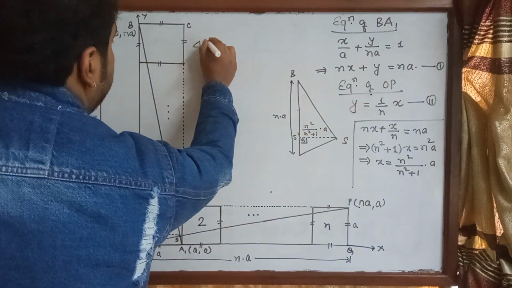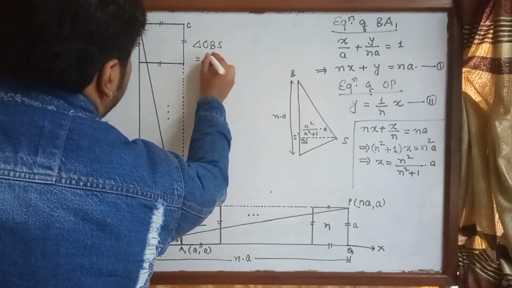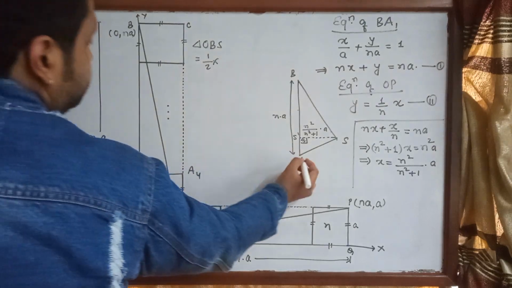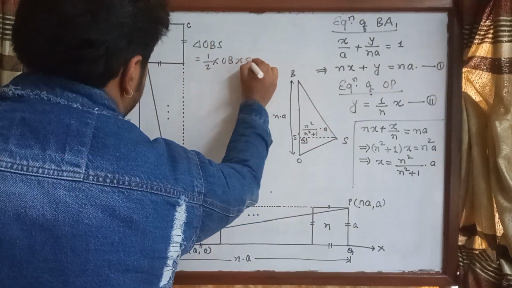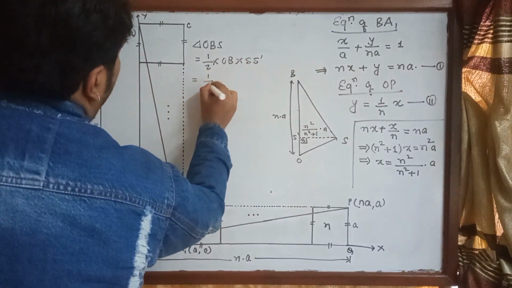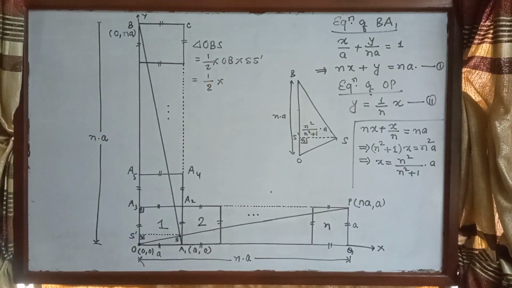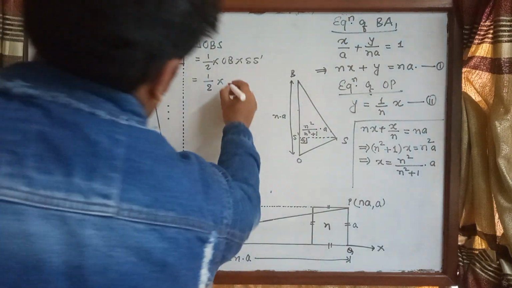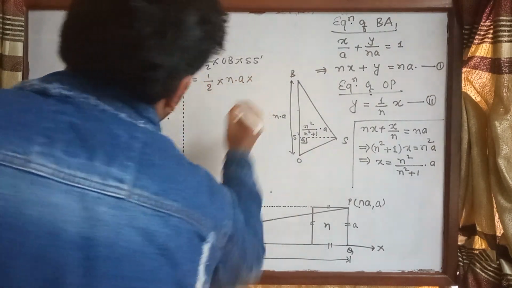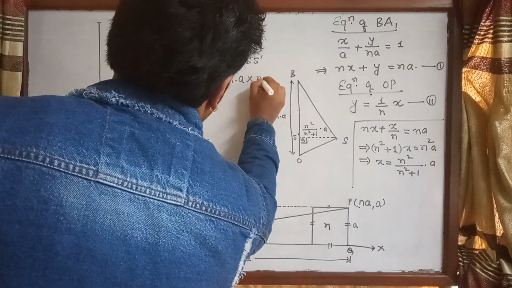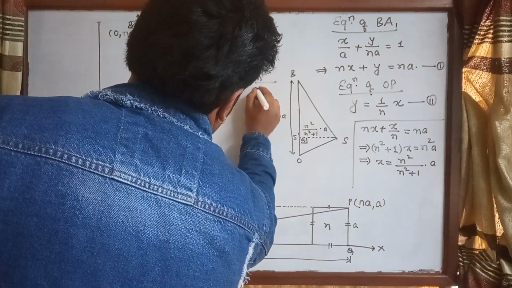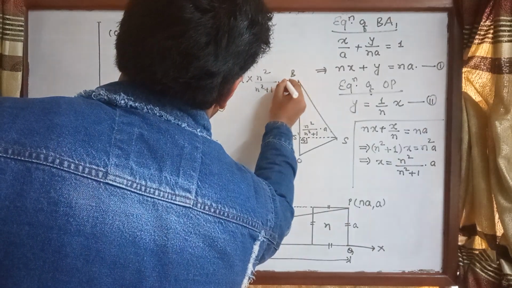So the area of triangle OBS is half times OB times SS dash, which is half times n times a times n squared over n squared plus 1 times a.